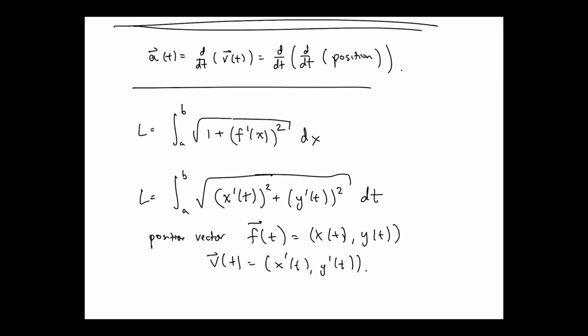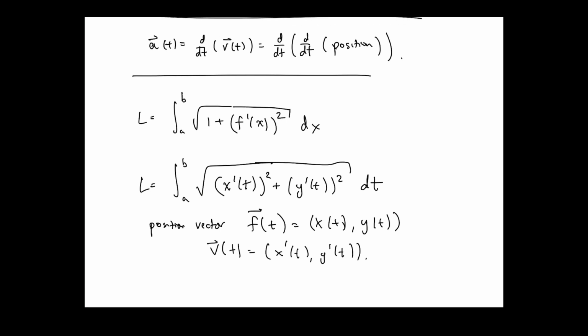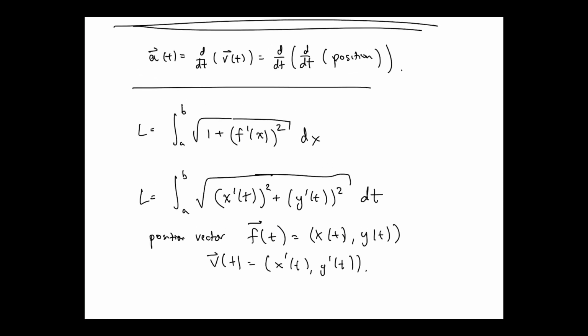There's precisely one way to do it. Absolute value? Well, sort of, but it's the Pythagorean theorem. Right? So if I have a vector that has a component in the x direction, x prime, and a component in the y direction, y prime, what's the length of that thing?